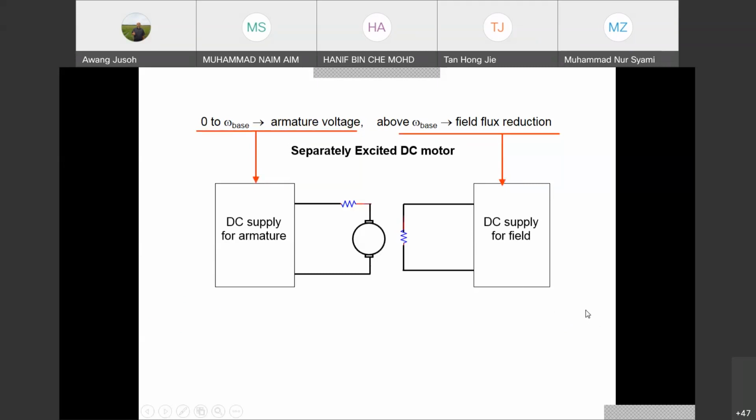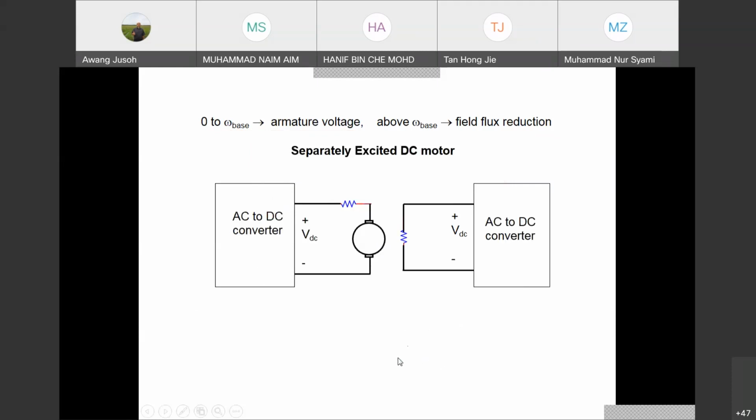Now there is a question here. What happens if the system has an AC supply? We don't have a battery now; we were using a battery or DC supply. If we have an AC supply, what do I have to do? This is knowledge of power electronics. We must use an AC to DC converter.